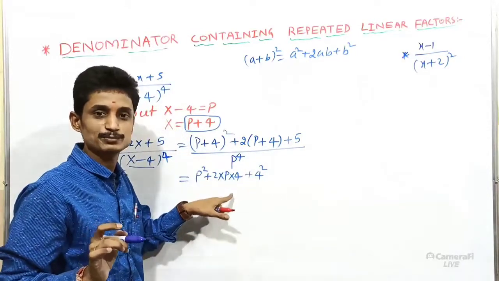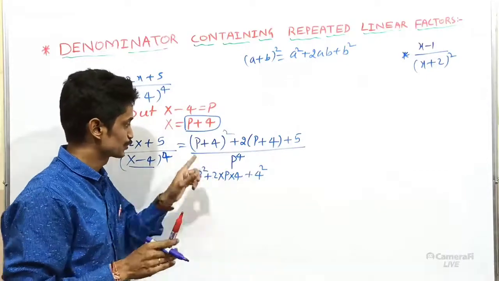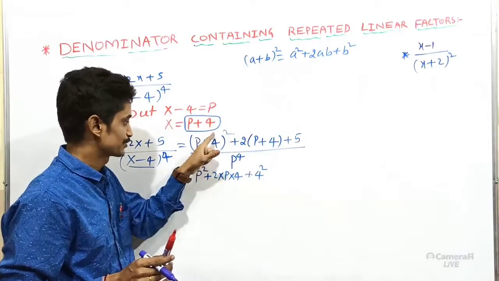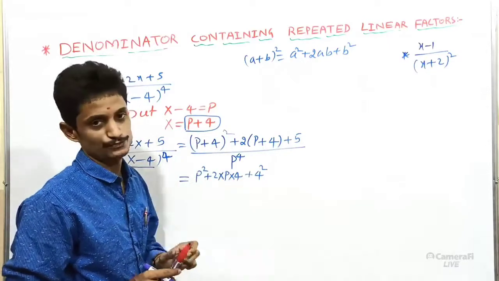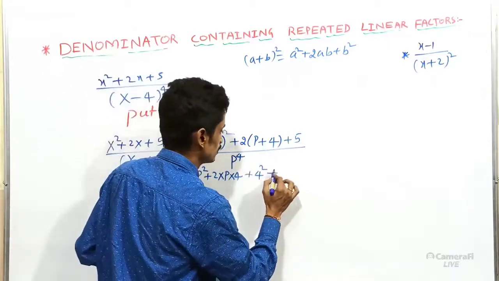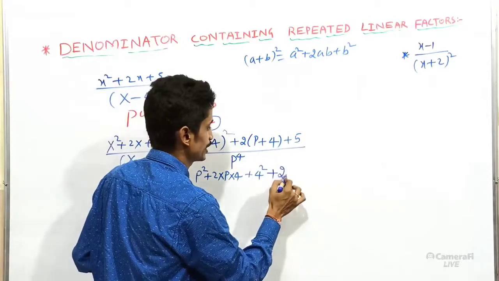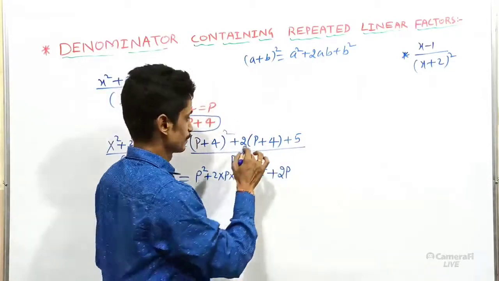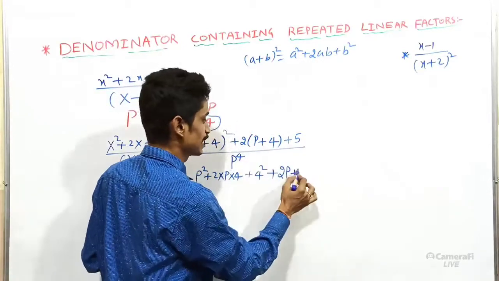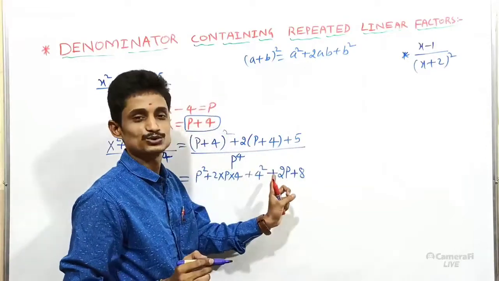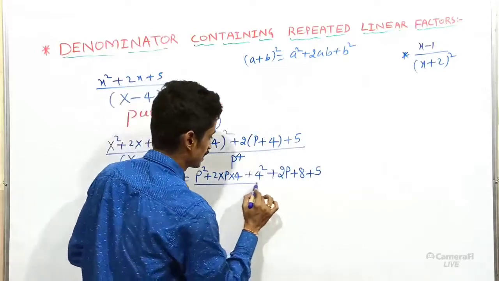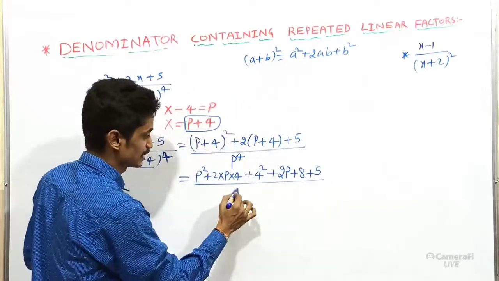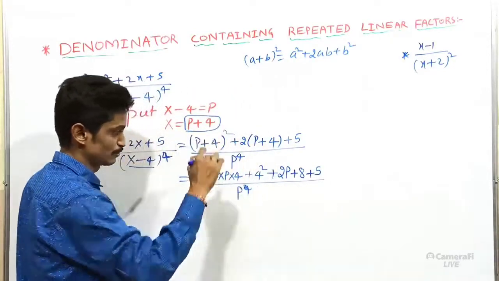Next, this remaining bracket, 2 into p is 2p plus 4 2s are, how much is it? 8 plus 5. Whole divided by p power 4.